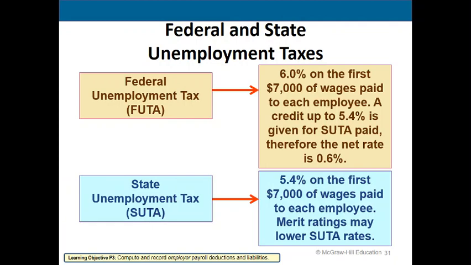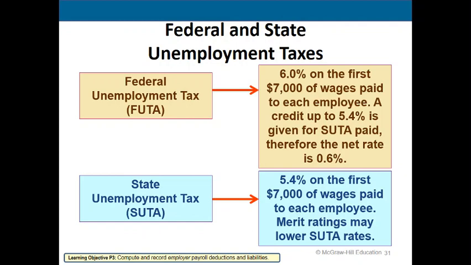Now, this federal and state unemployment tax is taxed on the first $7,000 of wages paid to each employee. And like I said, a credit of 5.4% is given to the state unemployment taxes, and usually the state gobbles up that whole 5.4%.